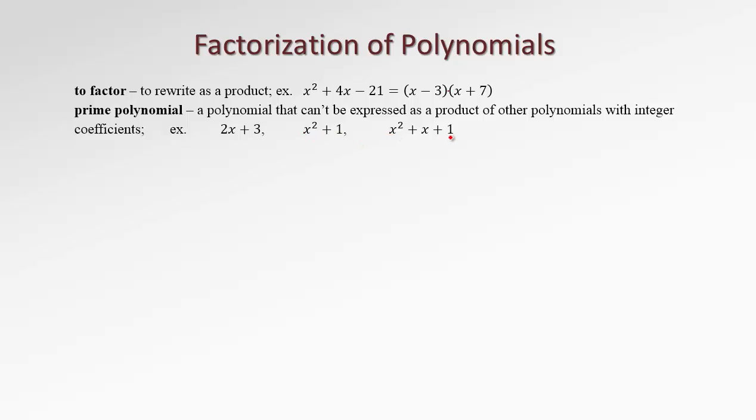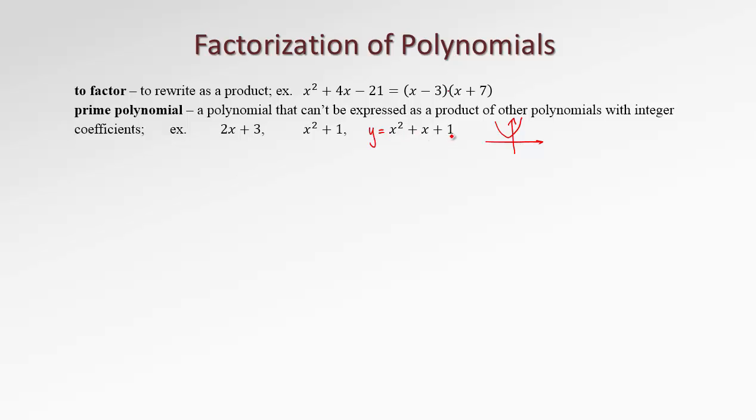And the following example, x squared plus x plus 1. You may want to check that one. Plug into the calculator as a function y equals x squared plus x plus 1, and you will notice that the graph of this polynomial is a parabola that is above the x-axis, so it doesn't cross it.